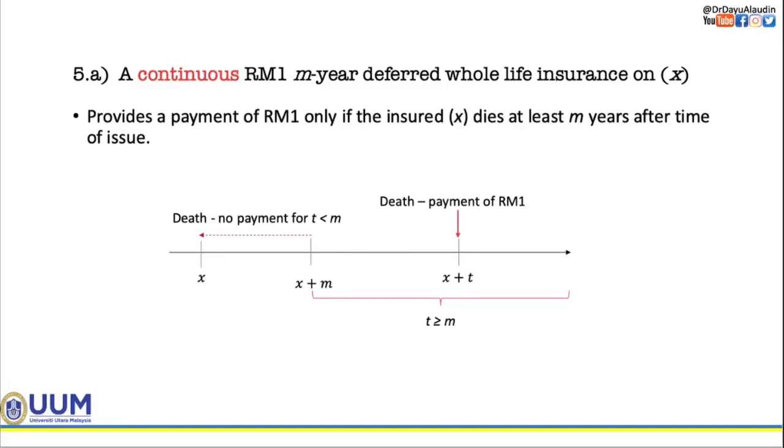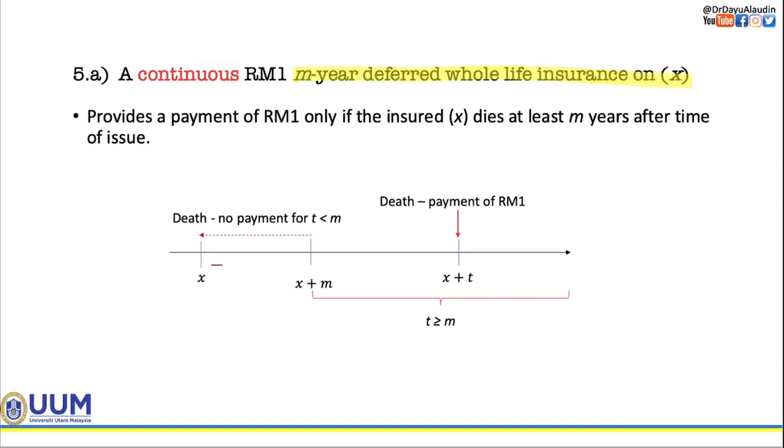Now we go to the next insurance, which is a continuous RM1 M-year deferred whole life insurance on X. It provides a payment of RM1 only if the insured dies at least M years after time of issue. So there is a deferment for M years.